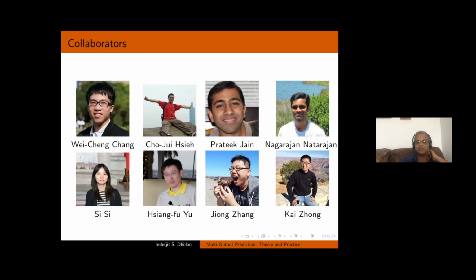Shangfu is also someone I did a lot of the early work with on multi-output prediction problems. Jiong is a recent graduate and is working on BERT and transformer modeling. Kai-Zhong graduated a couple of years ago and was really instrumental in developing some of the theory that Pratik and I had started, and extended it to neural networks.